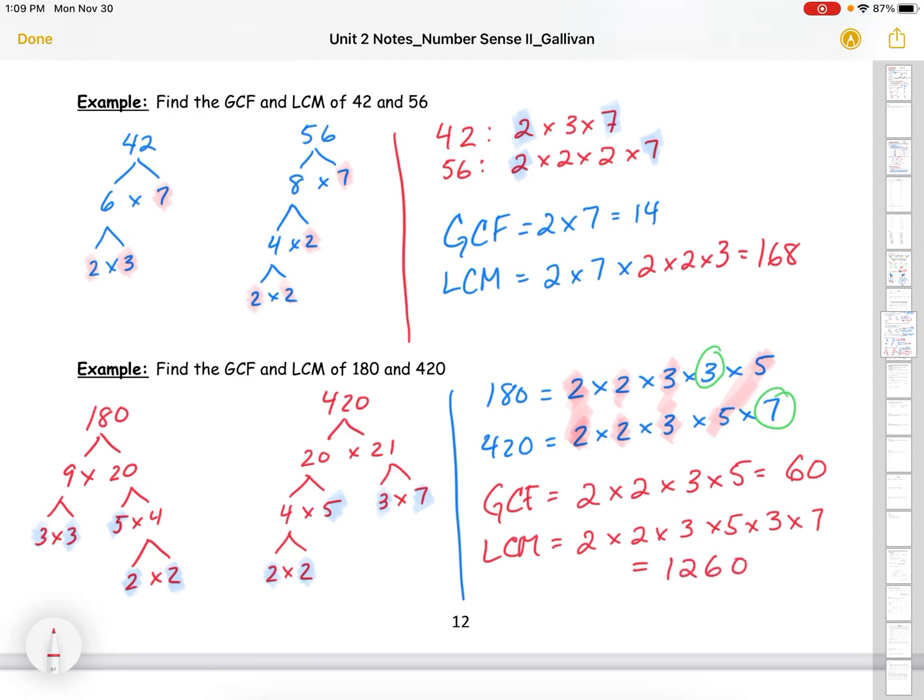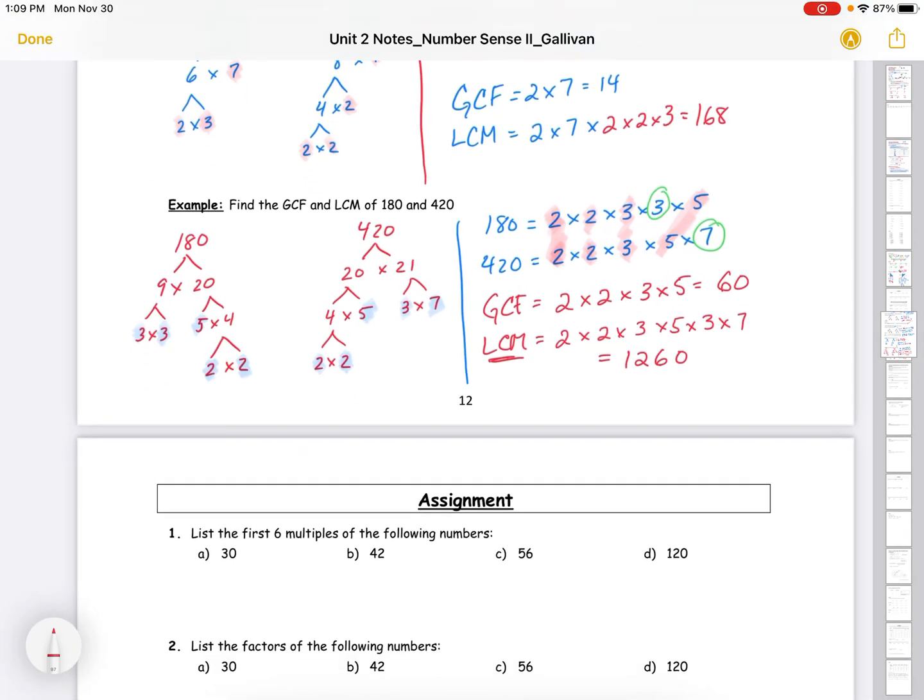So the lowest common multiple of 420 and 180 is 1260. But you can see, if we just did 420 times 180, it's a multiple of both of them, but it's huge. It's 75,600. So we want to find the lowest common multiple, okay?